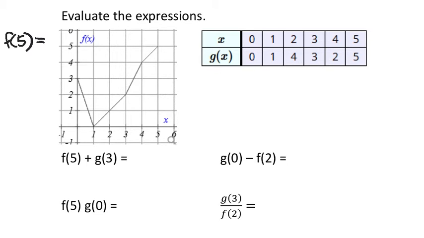But it's telling me that I'm trying to find the y value when x equals 5. So I need to find where x equals 5 on this graph, right? Which is right here. And then I come up to this point on the graph, showing me the ordered pair 5, 5.